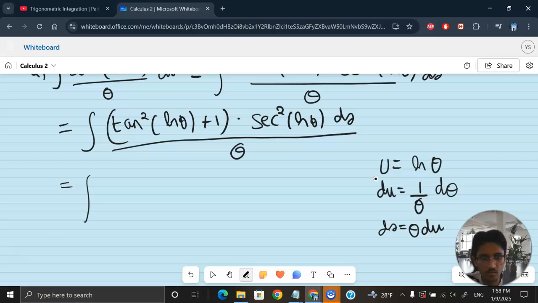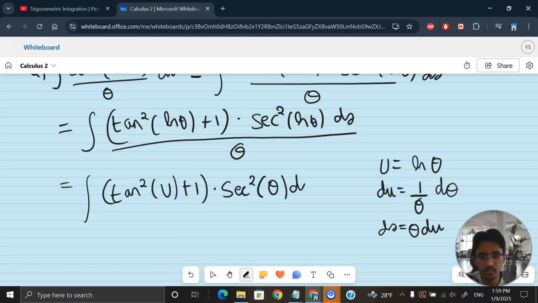Now let's go back. We said our u is natural log of theta. So when we do the u sub, it's going to be tan squared of u plus 1 times secant square of theta d theta over, now remember, what is our d theta? Our d theta we said was theta times du.